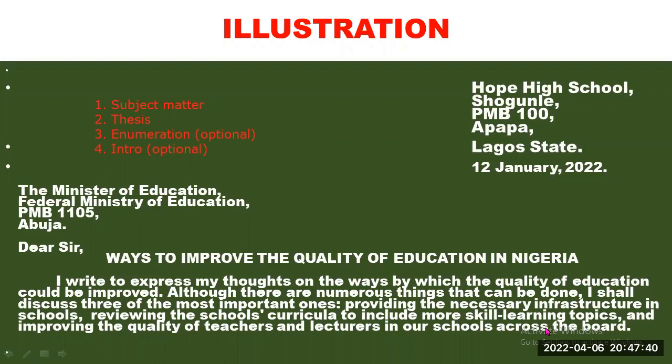You are saying already that you want to discuss three of the most important ways by which education could be improved. That is your thesis. This is exactly what you are going to discuss in the body of your essay. And you have combined this with enumeration. You have itemized, you have outlined those 3 points that you are going to discuss.